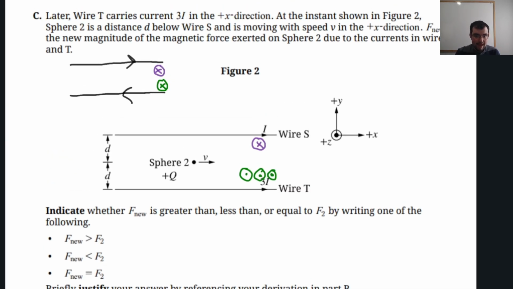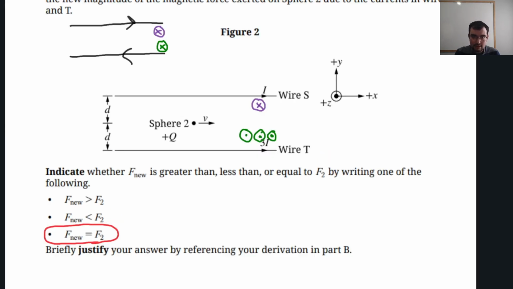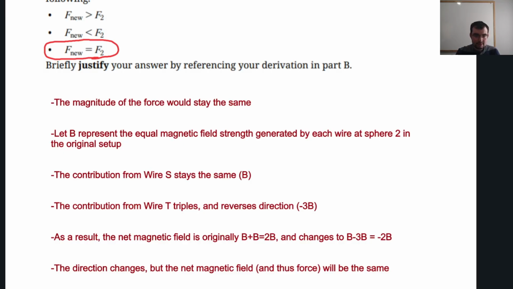So what we have is actually the same field strength, but just reversed in direction. So it's actually equal because we're asking about the magnitude of the force, which is once again QVB. So we're just looking at the QVB force. And since B is the same in magnitude, it's the same force. So here's my explanation. Magnitude of the force stays the same. We could say that B is the magnetic field strength generated by each wire at that location because it was equal distances, equal currents.